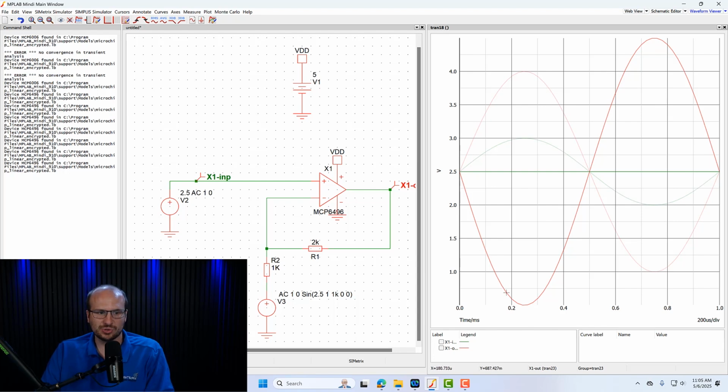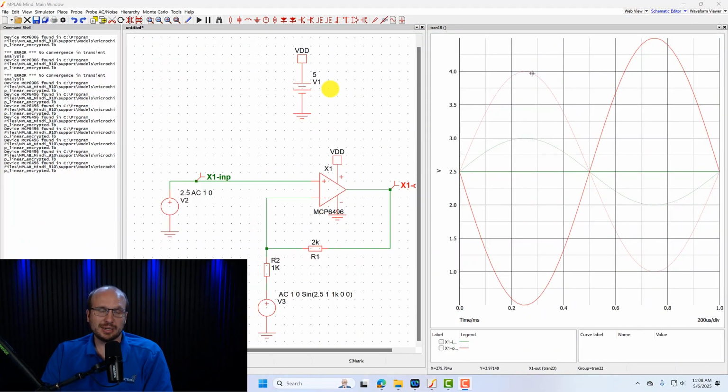So it should go down to 0.5 volt, and that's what we're seeing down here. So this looks good. That looks like our inverting amplifier working the way that it should. And if we did the same analysis like we did earlier, you can do that on your own and figure out how to add the non-inverting and inverting amplifiers together.